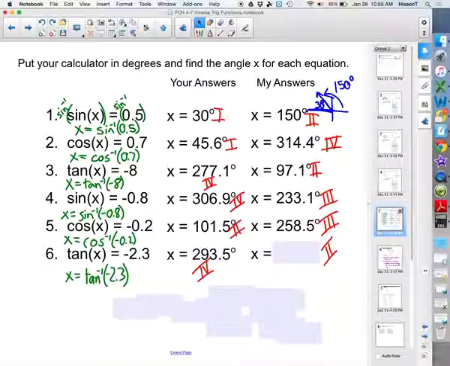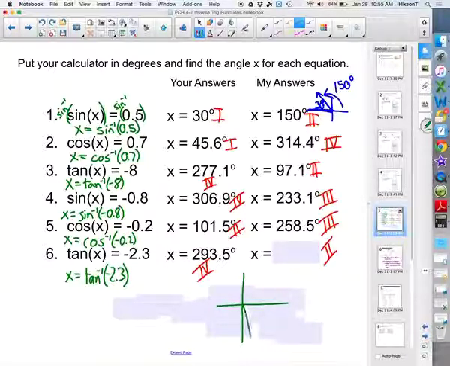What do we have to find first? The reference angle. Okay. What is our reference angle in this case? Good, 66.5. Here's the 293.5, this is 66.5.